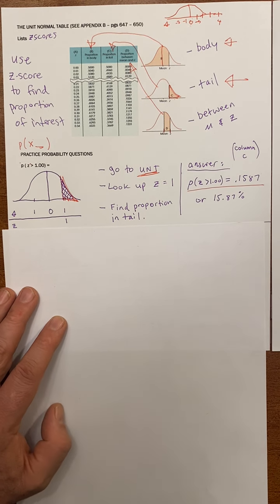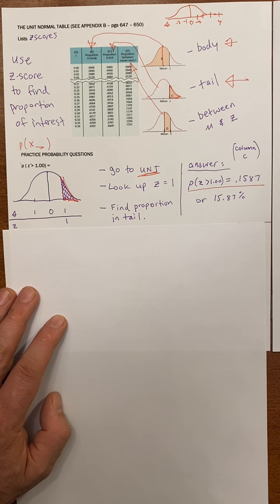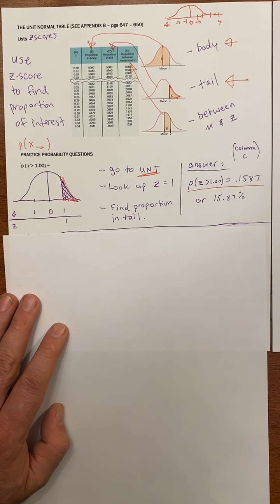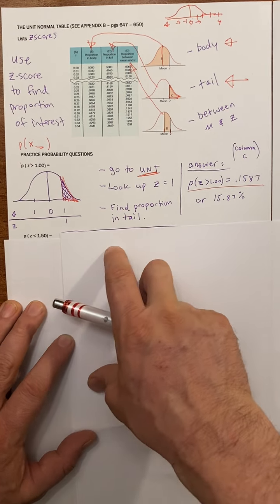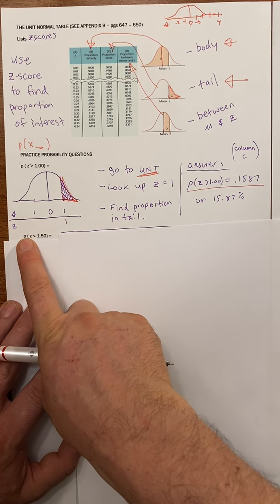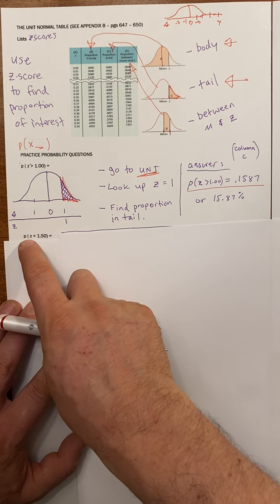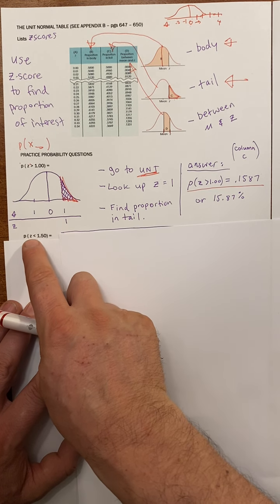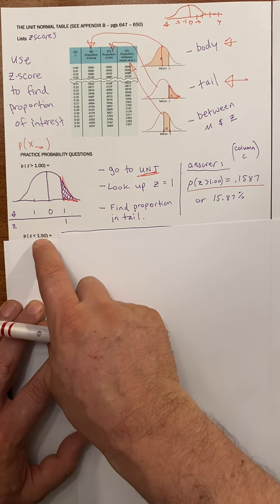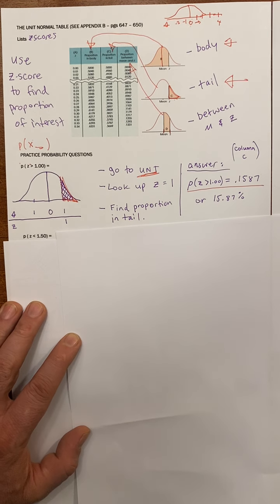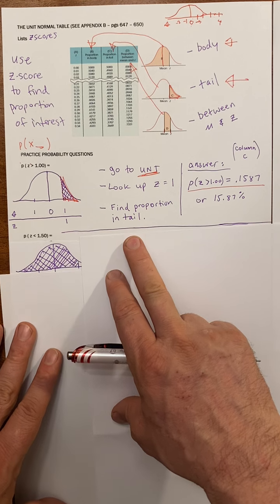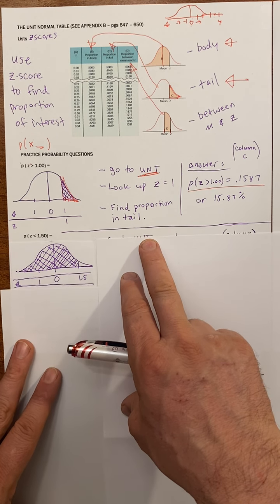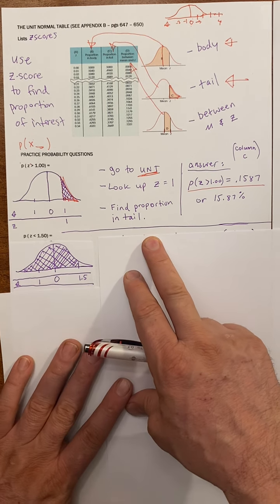I do have a couple of other practice problems that we can go over. The first one asks, what is the probability that I'm going to reach into my data and pull out a z that is less than 1.50? To help us see what we're talking about, we're first going to sketch out that curve, and this is what it looks like this time.